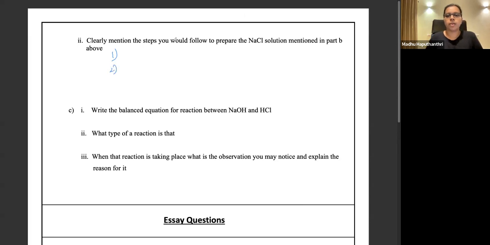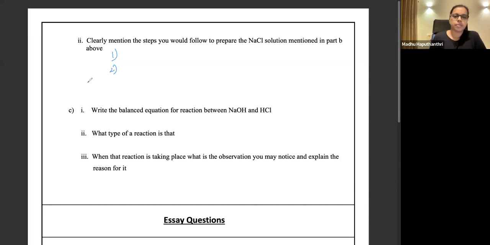Second point, now we want 200 centimeter cubes of the solution. Therefore, next point is put the measured mass into a 200 centimeter cube volumetric flask.